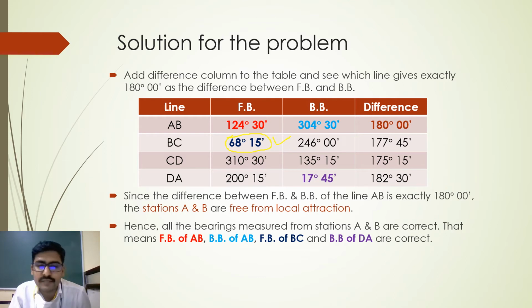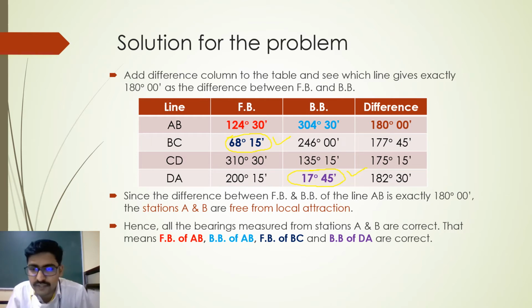Forward bearing of BC is also correct. Along with this, if you look at the back bearing of DA, it is also measured from station A. So definitely back bearing of DA is also correct because station A is free from local attraction. Not only these two, there are two more which are correct. You can identify them by the color codings given here.